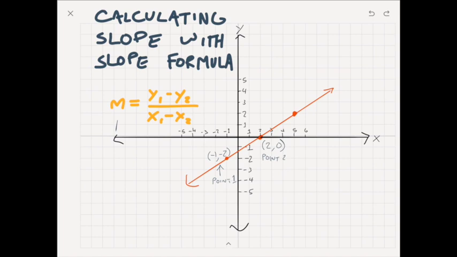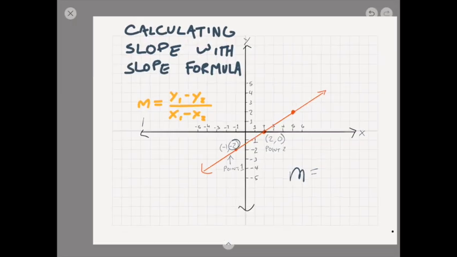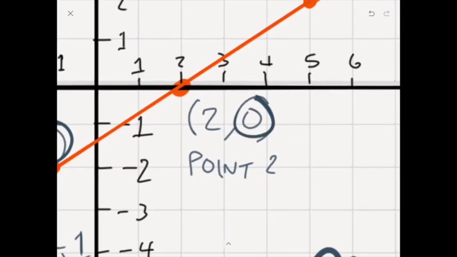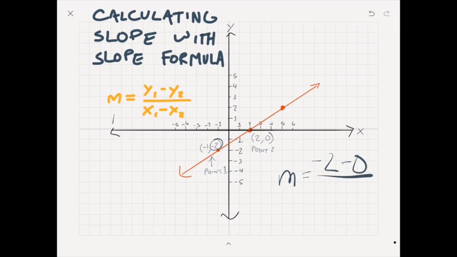So if I'm trying to fill this in, my slope is going to equal y1, so y value of point 1, that's this one, negative 2, minus y value of point 2. That's 0, so minus 0. And I'm going to put that over the x value of point 1.